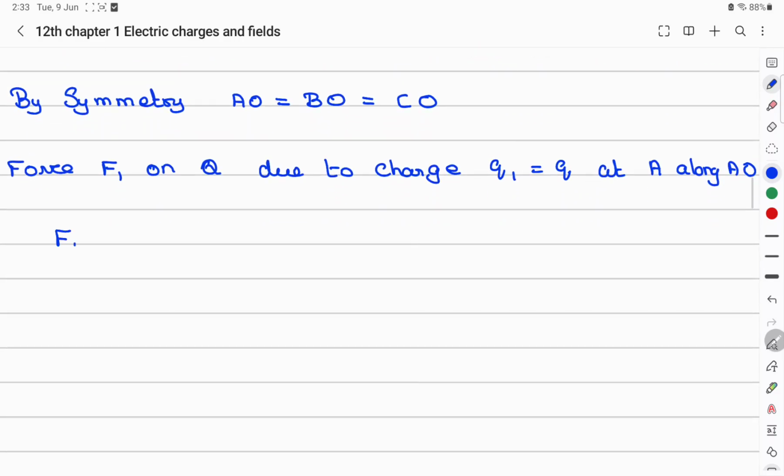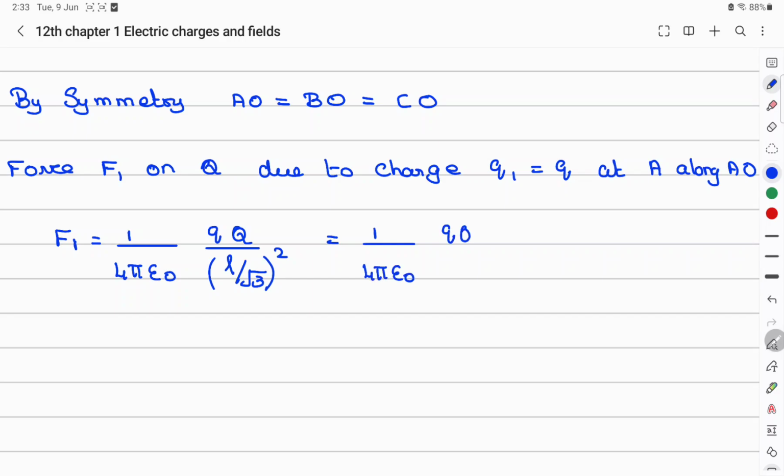So F1 is equal to 1 by 4 pi epsilon naught, Q into Q by (L by root 3) square, which is equal to 1 by 4 pi epsilon naught QQ by L square by 3, or otherwise 3 by 4 pi epsilon naught QQ by L square.